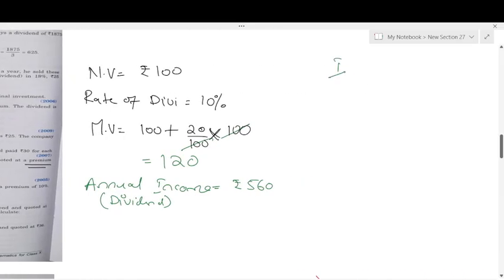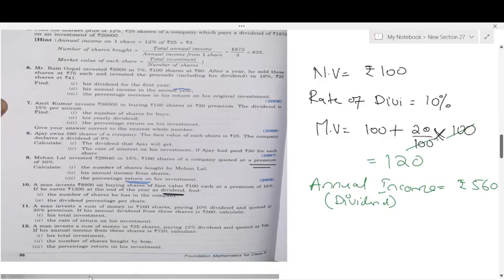Which formula do we use for total investment? No, no, no. Investment. Market value is fine. Into number of shares. Why is number of shares not given? Quoted at 20%.